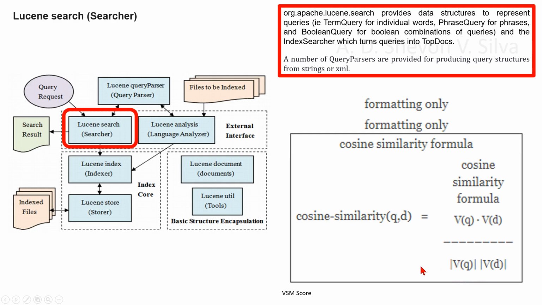Note that this equation can be viewed as a dot product of the normalized weighted vectors, in the sense that dividing VQ by its Euclidean norm is normalizing it to a unit vector.